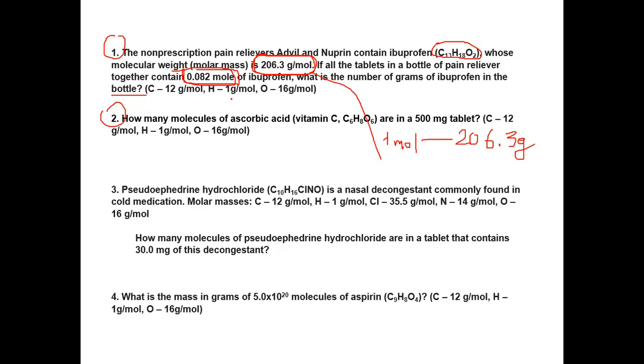Then it asks what the number of grams of ibuprofen in the bottle is going to be. So basically, you want to find the mass of ibuprofen in the bottle. We also know that we have 0.082 moles in the bottle.